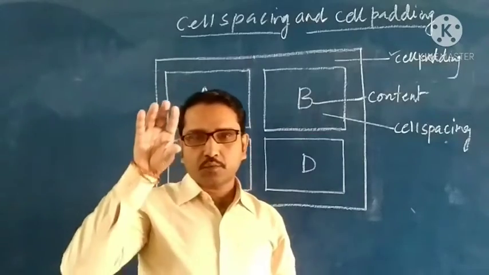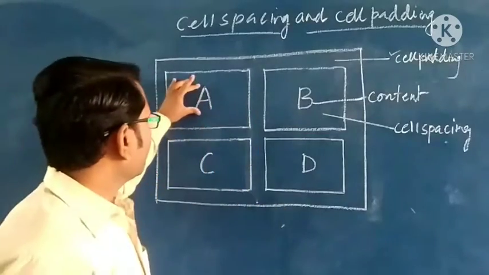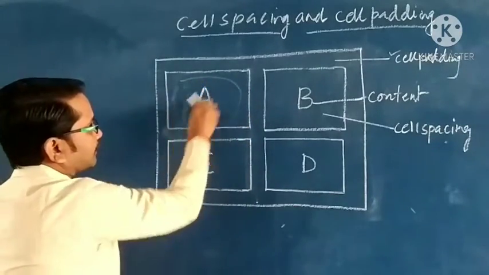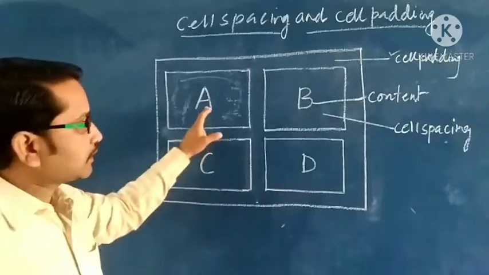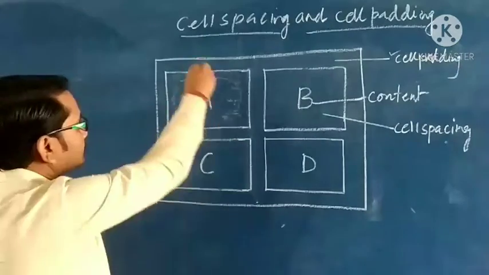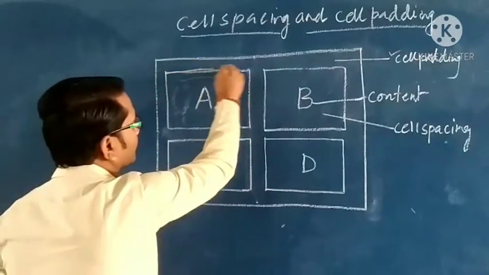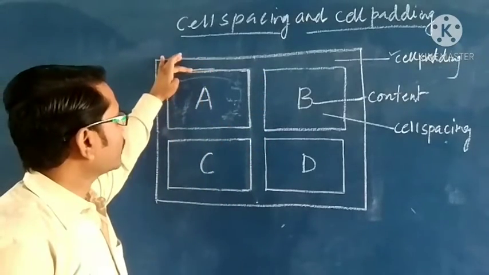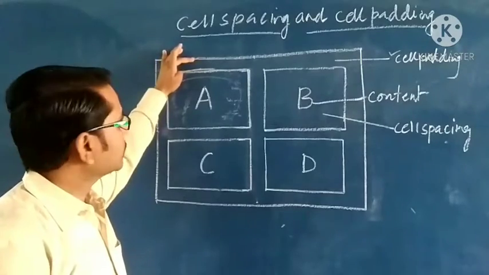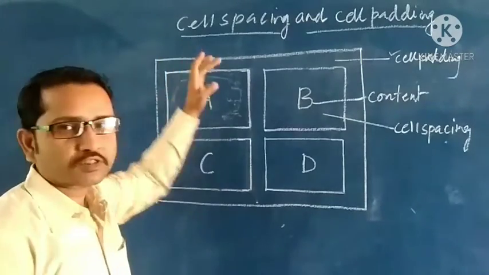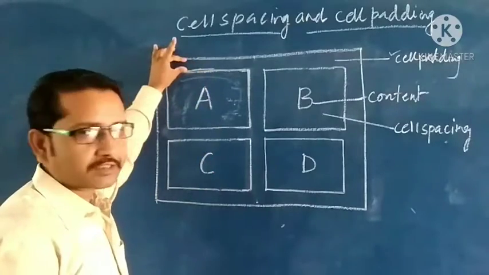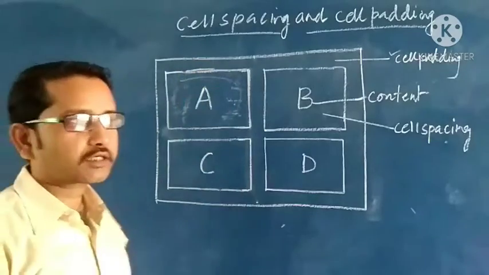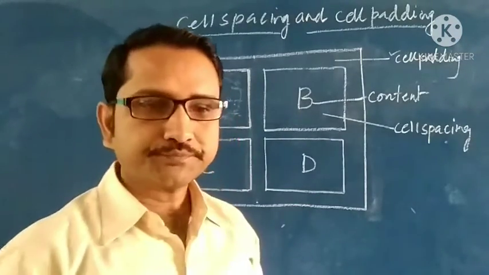Means whatever content we are writing, the whole space created over here is termed as cell spacing, and the space from the content border to the table border is termed as cell padding. So it is a very important concept of table.